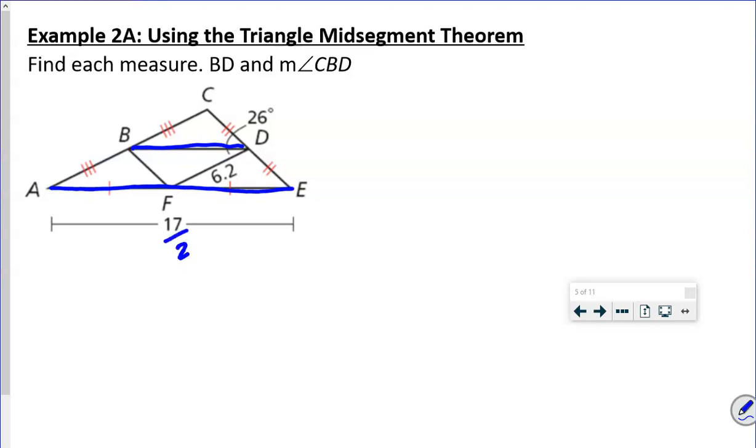We want to divide this by 2, because remember, all 3 of those are going to be congruent. So that's 8.5 here, 8.5 there, and 8.5 there, because that's half of 17. So BD is equal to 8.5.